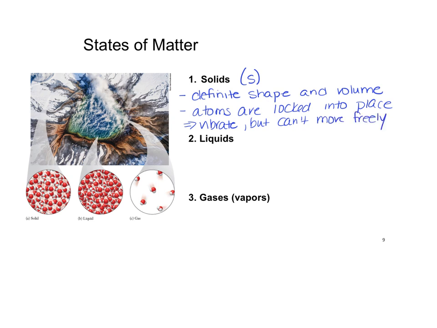Now, liquids are the next thing we're going to talk about. You can see the liquids right here. In liquids, these have a definite volume. We can measure the volume of a liquid, but the liquid will take the shape of its container. And so what we say is there is no definite shape.